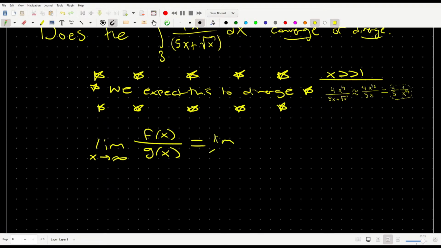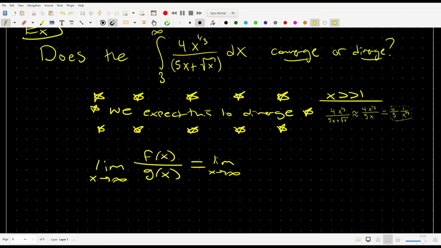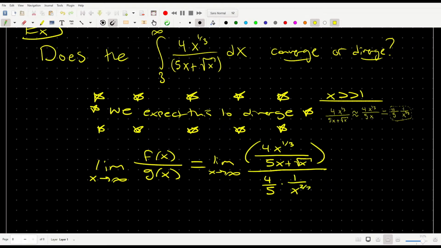This is the limit as x goes to infinity of 4 times x to the 1/3 over 5x plus the square root of x, divided by 4/5 times 1 over x to the 2/3.